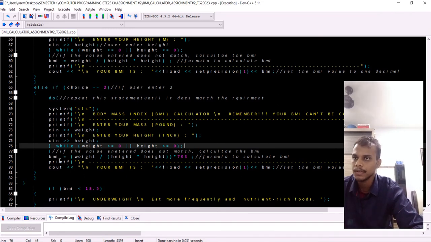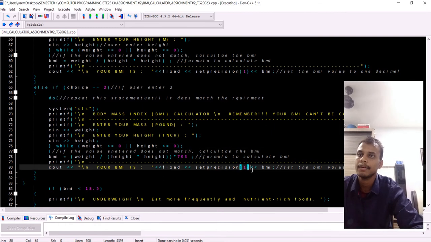But if it's false, where the user enters a positive value, it goes to the next step, which is the BMI calculation. Here the BMI is calculated by weight divided by height squared, and the value is multiplied by 703 to obtain the BMI value.